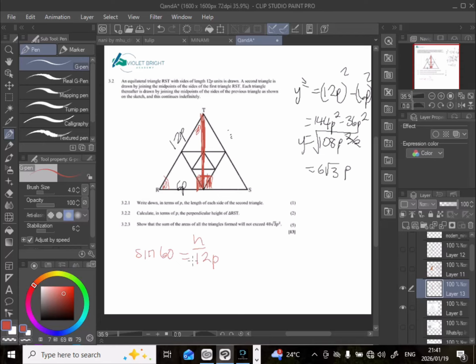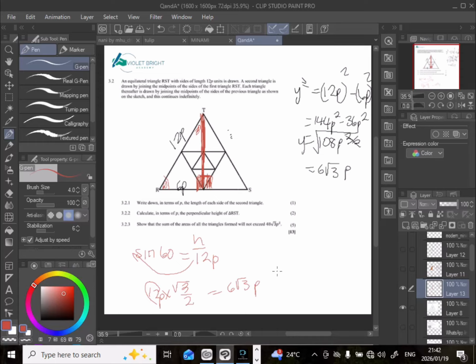So we just say 12p multiplied by sine 60. Sine 60, remember, equals root 3 over 2. So it's root 3 over 2 multiplied by 12p. We are just going to be dealing with the numbers, so it's going to be 6 root 3 then p.